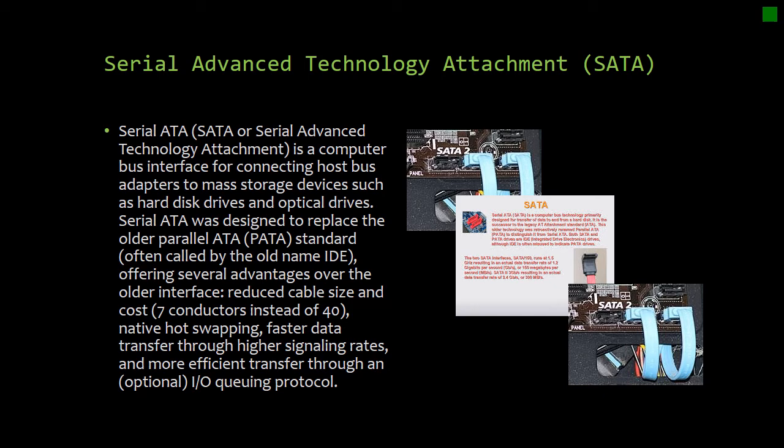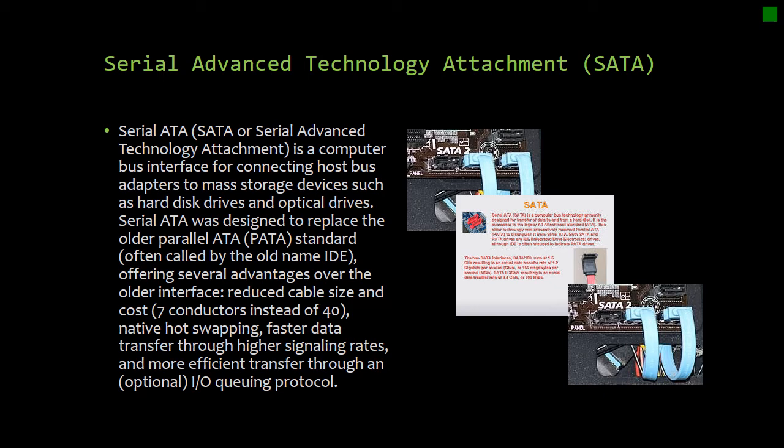The Serial Advanced Technology Attachment or SATA is a computer bus interface for connecting host bus adapters to mass storage devices such as hard disk drives and optical drives. Serial ATA was designed to replace the older ATA or the PATA standard, which is often called by the old name IDE.